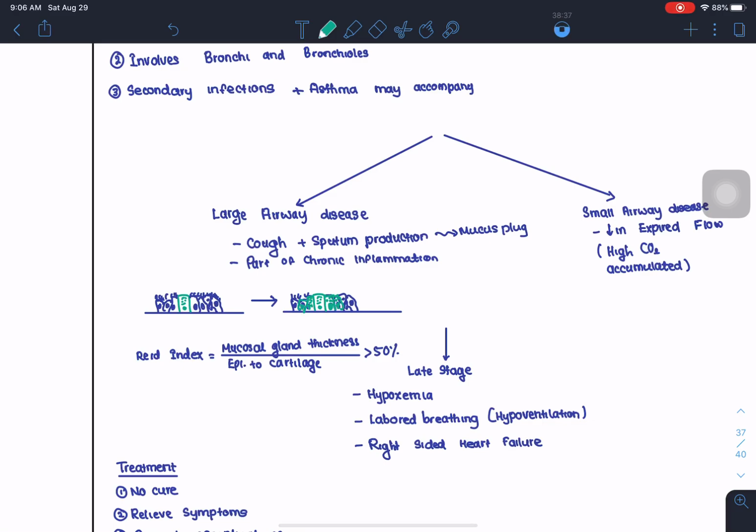In response to the substances of air pollution, there's going to be so much mucus produced that instead of it being a thin layer like this, it is going to be a very thick layer like this.